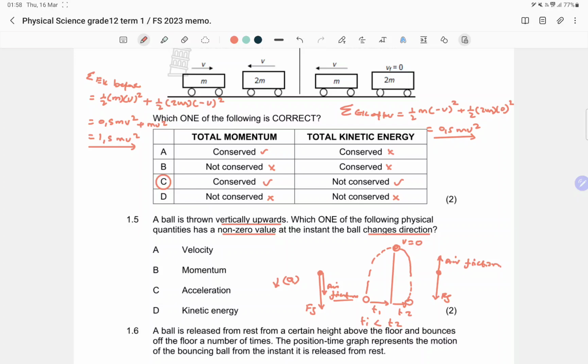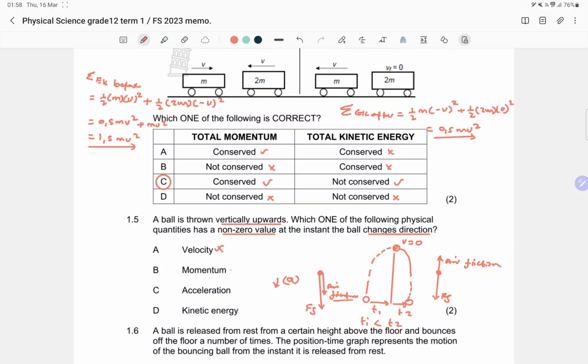Okay, so in any case, what we understand here is that the acceleration is non-zero here, irrespective of what kind it is. So velocity at the maximum height, when it changes direction, is 0, so it's not correct.